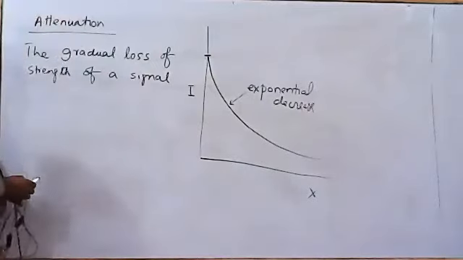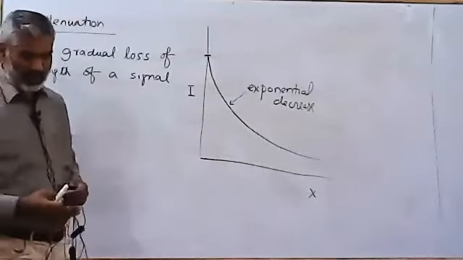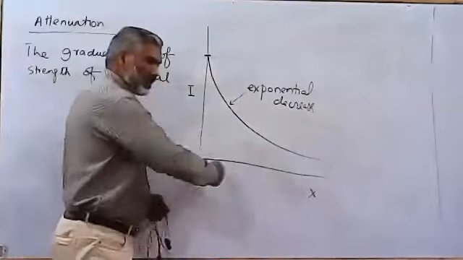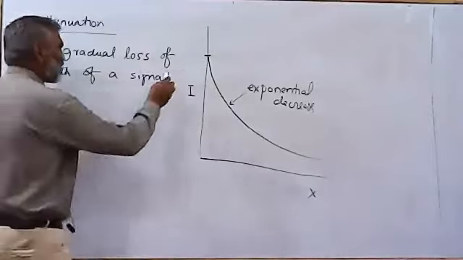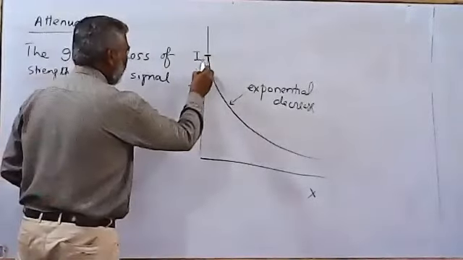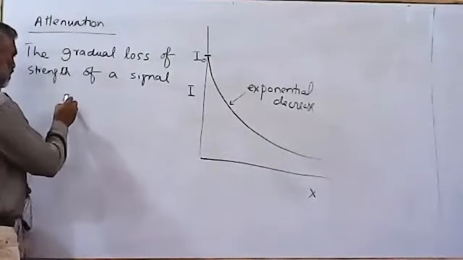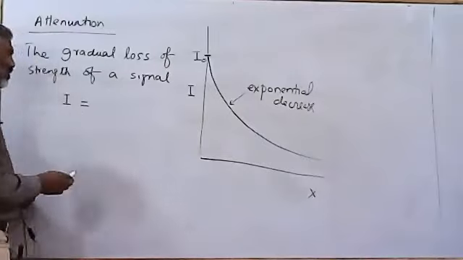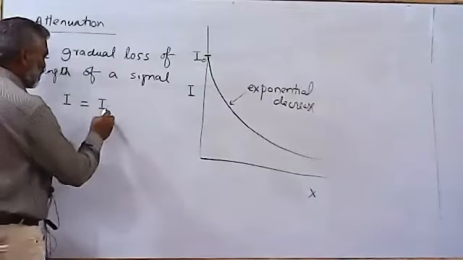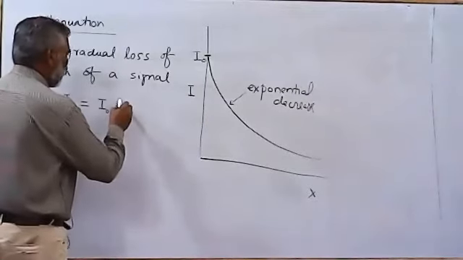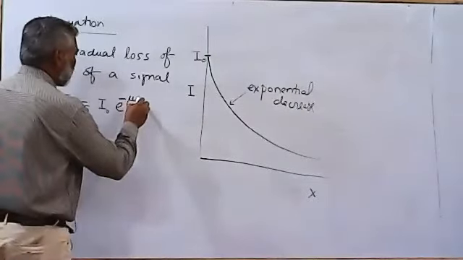There is a formula that gives us exactly what will be the intensity of that signal after covering a certain distance of that particular medium. Let's say this was I naught in the beginning. So the original intensity is I naught. The formula which gives us the value of this intensity at any particular instant will be I naught e raised to the power minus mu x.